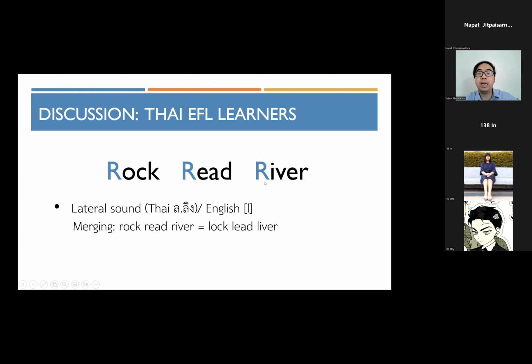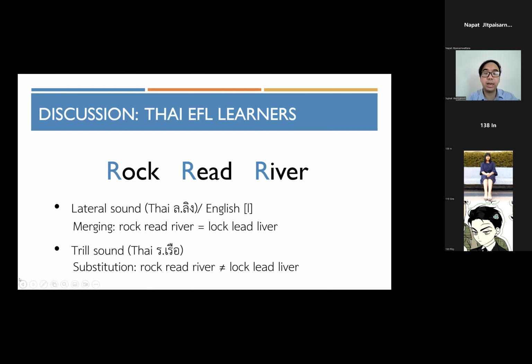Lock, lead, liver. So the two sets of words, rock, read, river, and lock, lead, liver, cannot be distinguished because the R and L sounds are merged into the same sound. And sometimes some speakers would pronounce it with a substitution of a Thai ro ruea, so it is rock, read, river. It is accented pronunciation, but you can tell that these two sets of words are different.